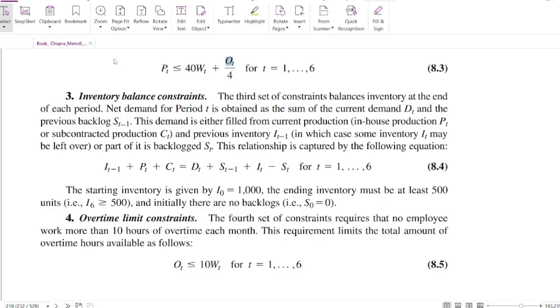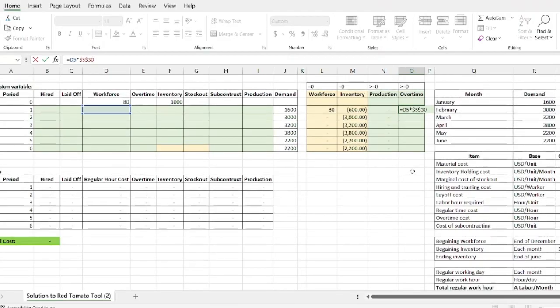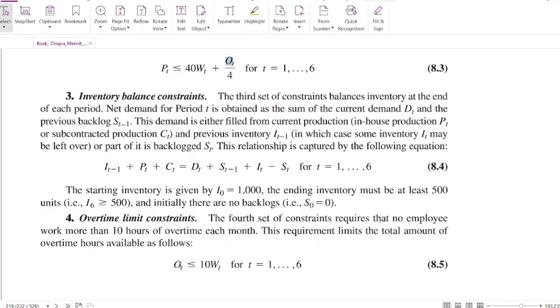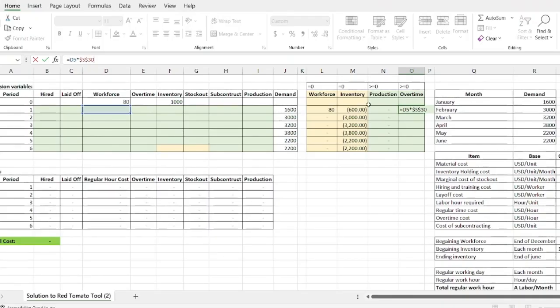So let's go back to the equation. This is overtime. If we bring this to this side, then it will be minus 40, so minus overtime.